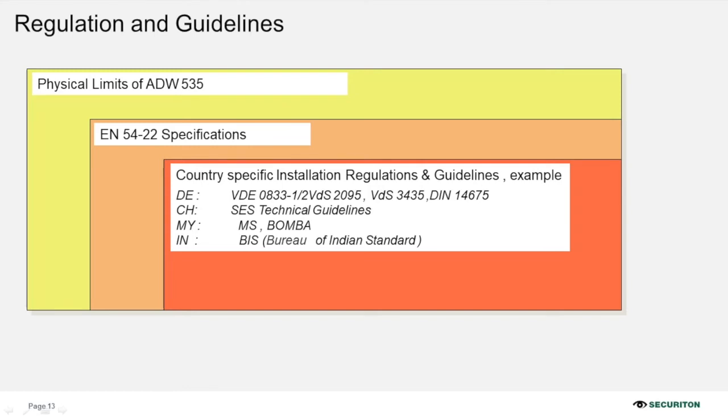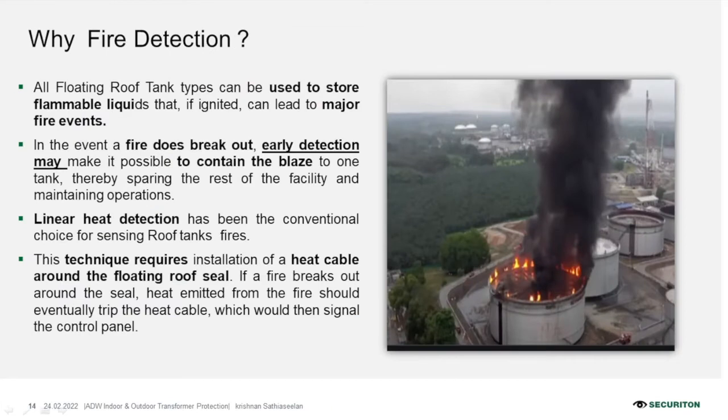Good. With that explanation, I'll explain why we need this fire detection system. As I showed you earlier about the incident from the research paper, how long it takes to extinguish and what issues we face. Why we need such detection is because these are flammable liquids and they lead to major fire events.